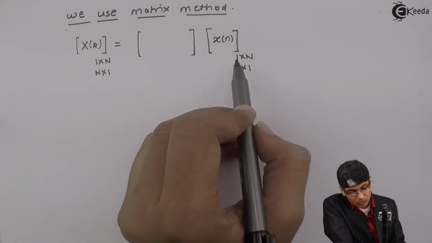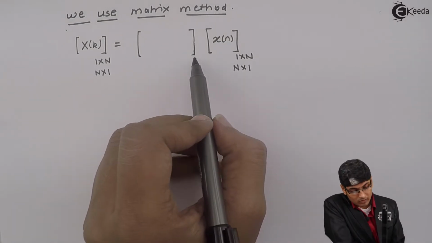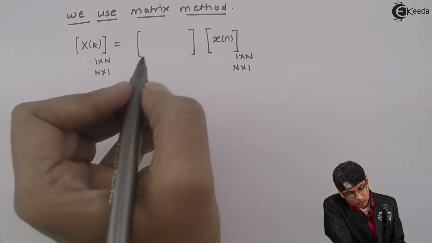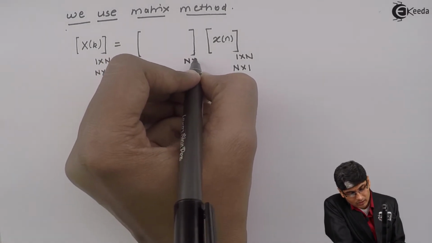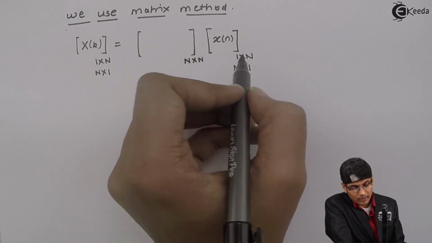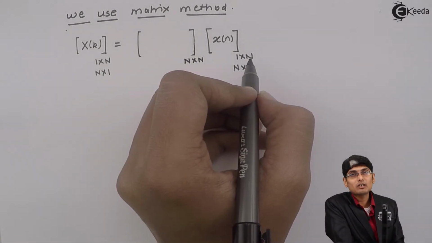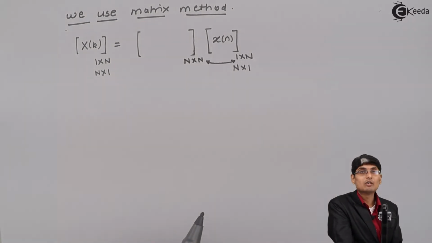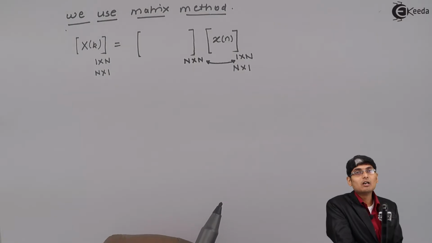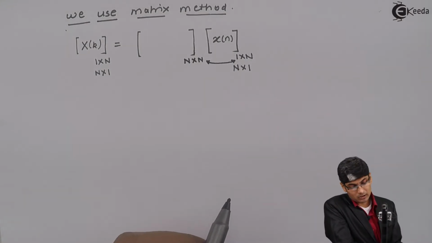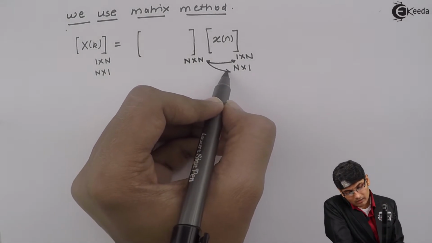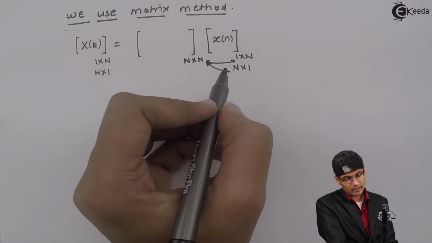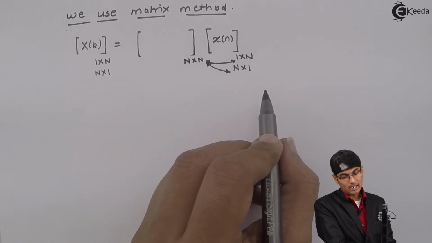I cannot use 1 cross n in this case, because the matrix that I am multiplying over here is n cross n. So I have a matrix over here as n cross n. If I keep 1 cross n, the multiplication will not suffice, because the internal dimensions of the matrices should match for matrix multiplication, whereas in this case it matches, right. So I can use n cross n and I will get n cross 1 as an element.